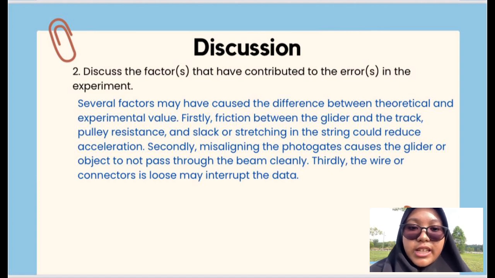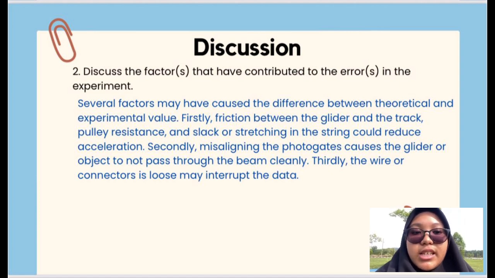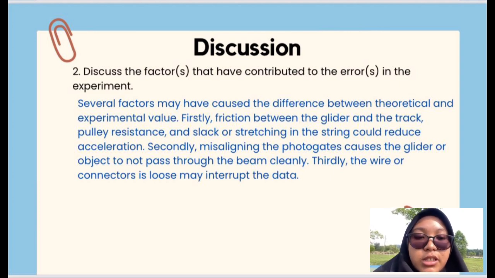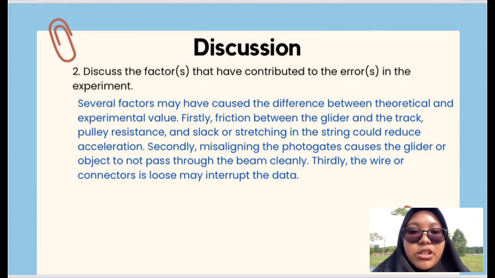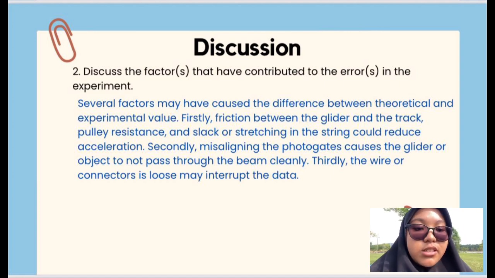Pulley resistance and slack or stretching in the string could reduce acceleration. Secondly, misaligning the photo gates caused the glider or object to not pass through the beam cleanly. And the third one is loose wires or connectors that may interrupt the data.